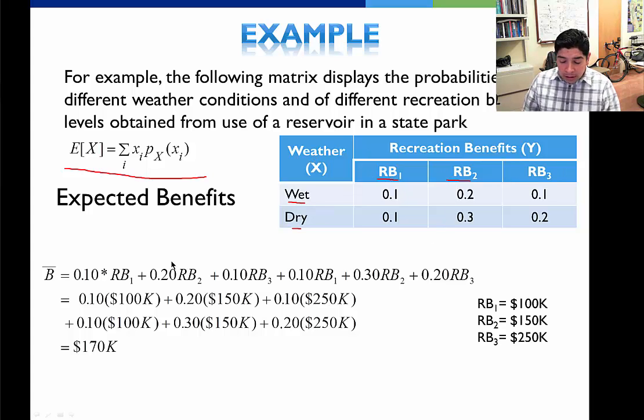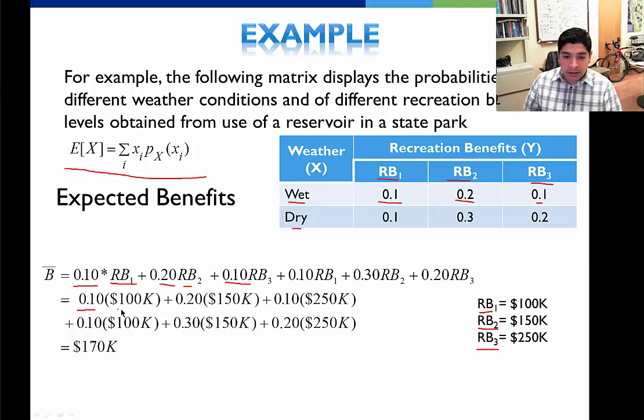Well, remember that when we were talking about the expected monetary value, you multiply the probability times the outcome, in this case recreational benefit 1, plus probability number 2 times the recreational benefit number 2, which is this, plus the probability number 3 times the recreational benefit number 3, which is this.